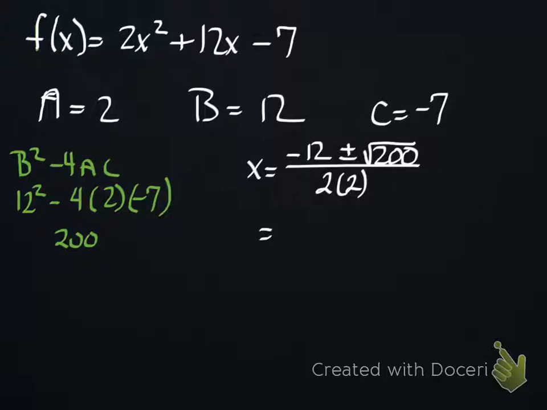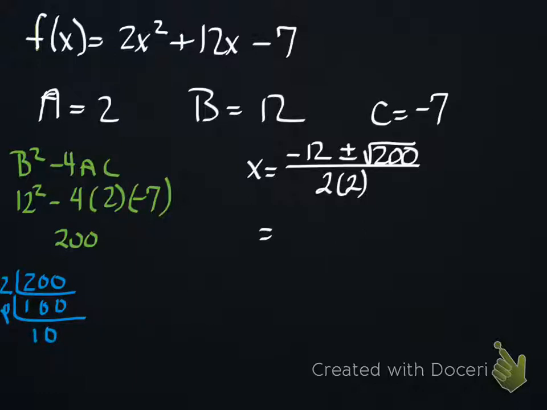Can we take the square root of 200 and come up with a perfect number? Okay, so that means we have to figure out what sets can come out. So I'm going to take that 200, and I'm looking to see what can divide into it. 2 will, leaving us 100. Can I take the square root of 100? Yes. 10 and 10.